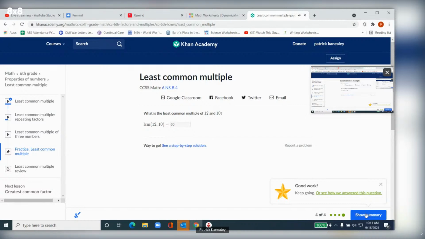Okay. So what I'll do today, you guys, is let you practice trying to find the least common multiple. I'll put a worksheet up, and you can do it either way. You can try to factor it out, or if you want to just keep listing the numbers like 12, 24, 36, 48, and then 10, 20, 30, 40, 50, 60.